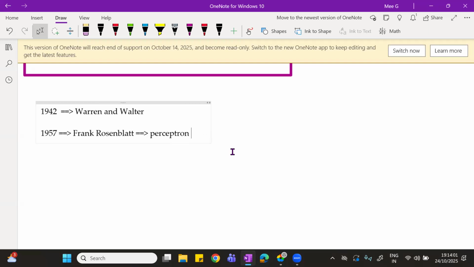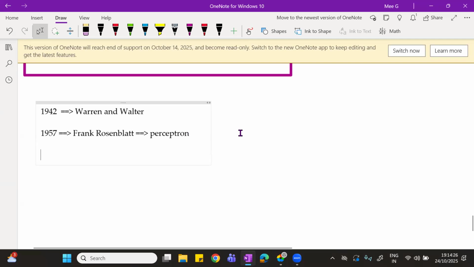What is this perceptron? Our brain can remember so many things because of a small component called a neuron. The artificial version of this neuron, they call it a perceptron. I will explain it in detail in our next class.